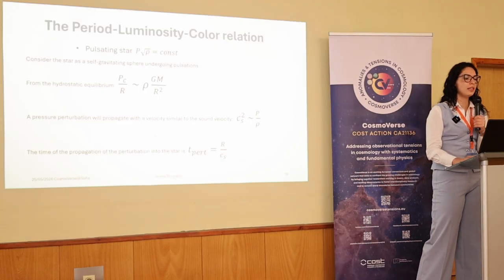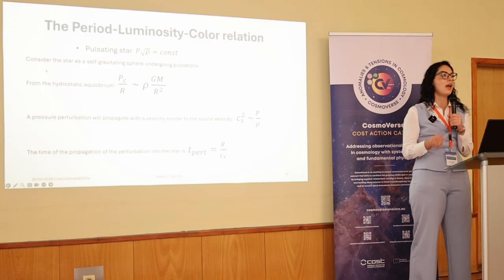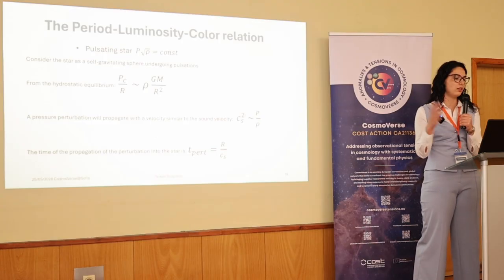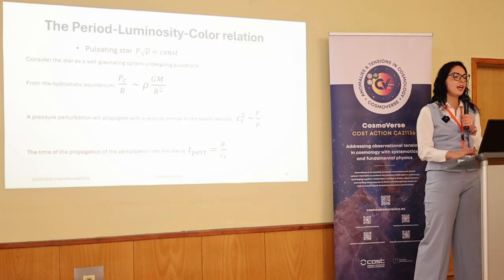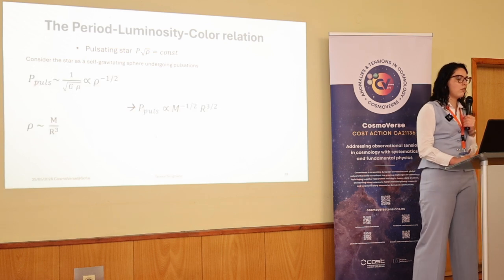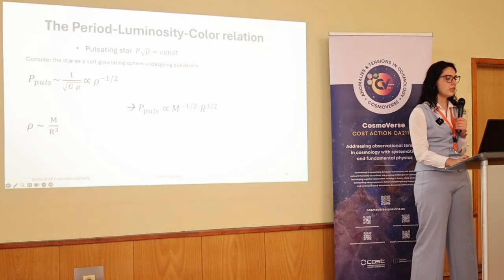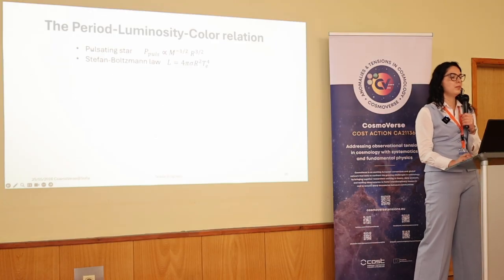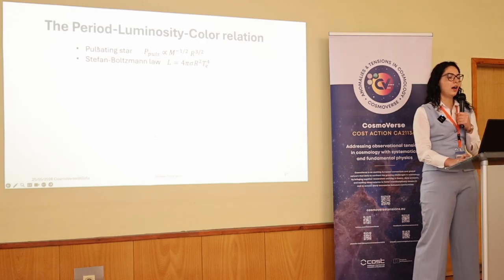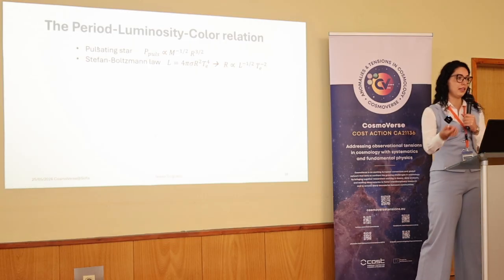Then we think about the pulsation as a pressure perturbation moving with the speed of sound. At this point, we can have a relation between the period of pulsation and the mass and the radius. Then we can take from the Stefan-Boltzmann law the relation between the radius, the luminosity and the temperature.